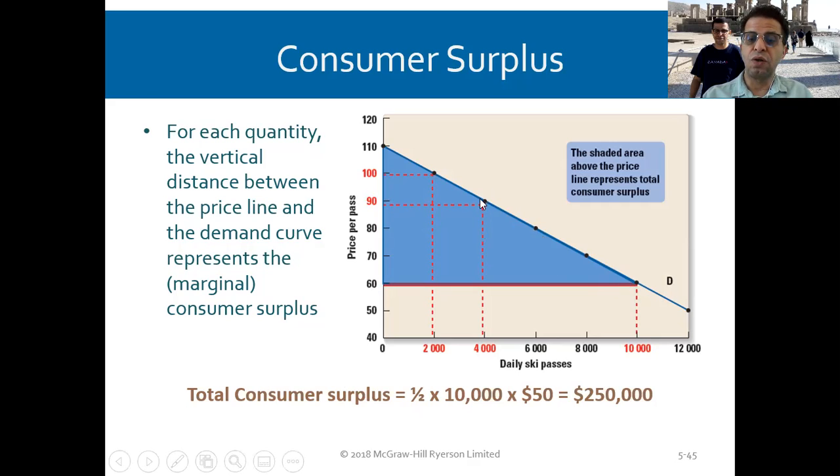You still get a surplus, this blue shaded area, because you were willing to pay more. So you end up actually paying the market price, and all this area is called consumer surplus.